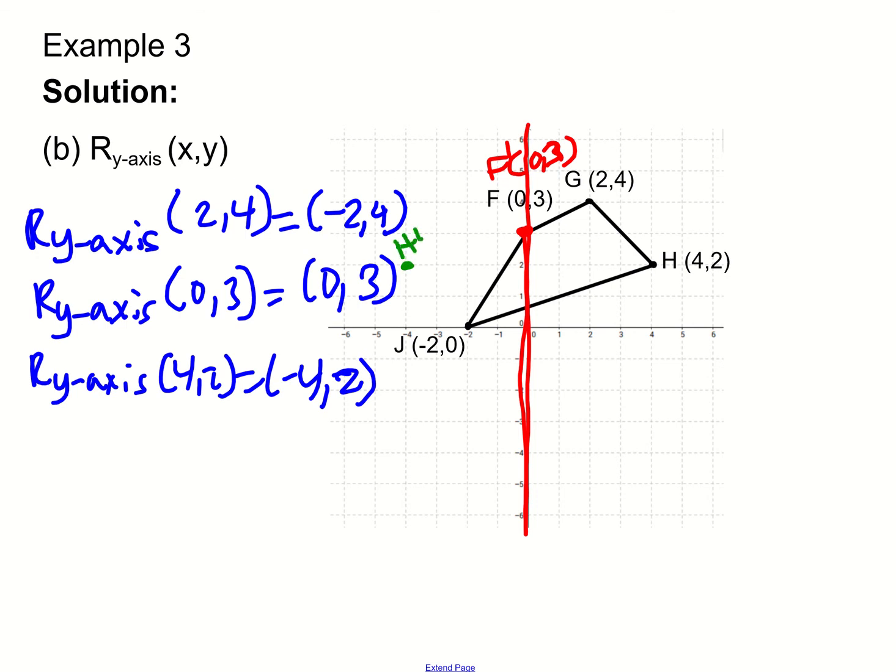All right. So it's H prime. G prime is (negative 2, 4). J is now going to be (positive 2, 0) because it has to switch the x. And so now we can go ahead and reflect this about the y-axis.